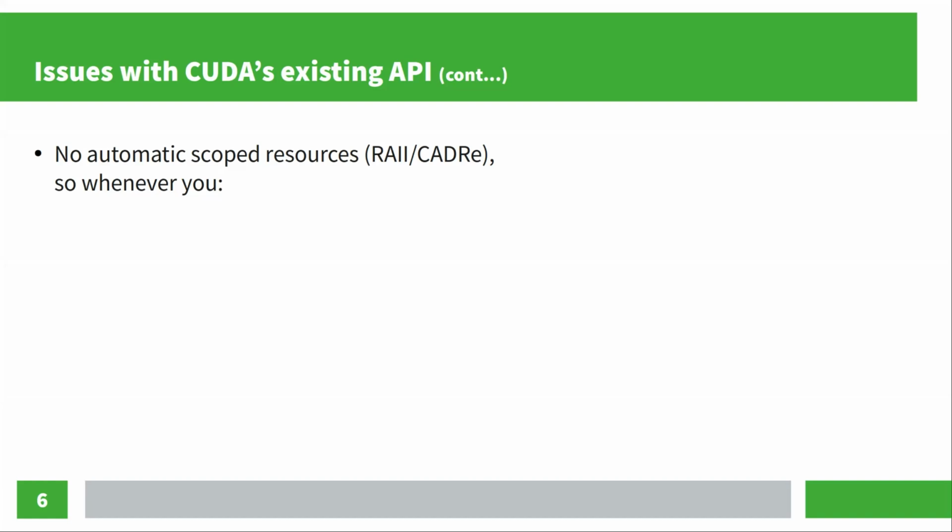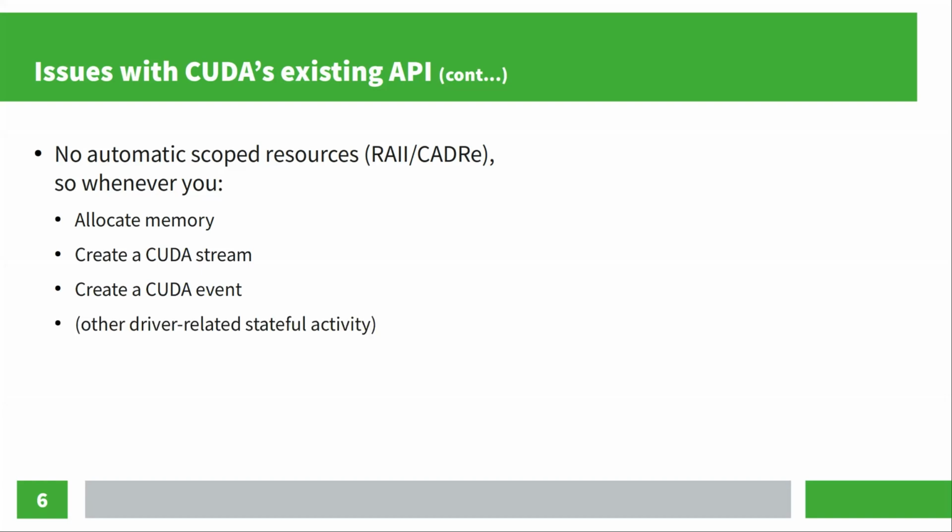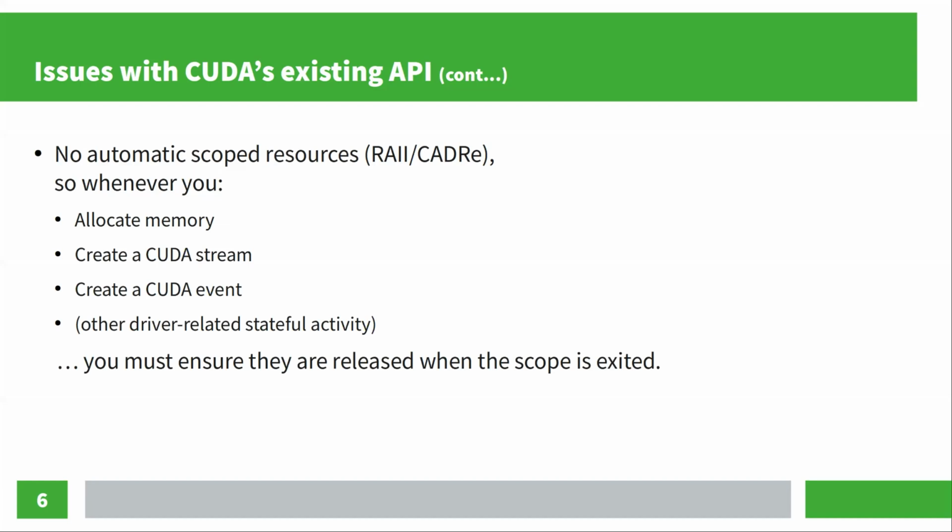But we don't have that with the CUDA API. So if we're allocating memory on the device, or creating a stream, or creating an event, or using other code that has state, maybe at the driver level, which I won't get into, then you always have to remember to release those things when you're done with them, but not only when you're done with them.